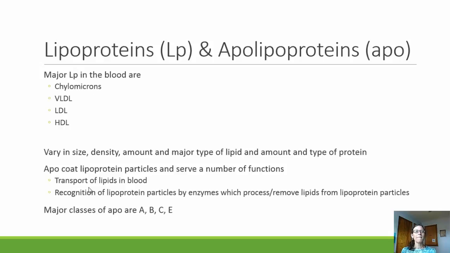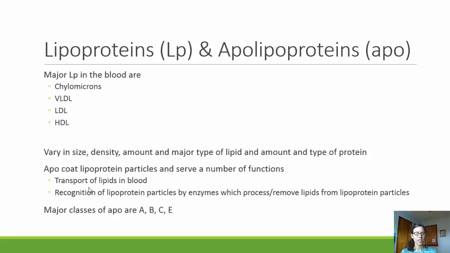Our major lipoproteins that we find in our blood are chylomicrons, which we just talked about, secreted by the small intestine. Then we also have very low density lipoprotein, low density lipoprotein, and high density lipoprotein. Obviously these are blood markers that we use frequently in nutrition practice.